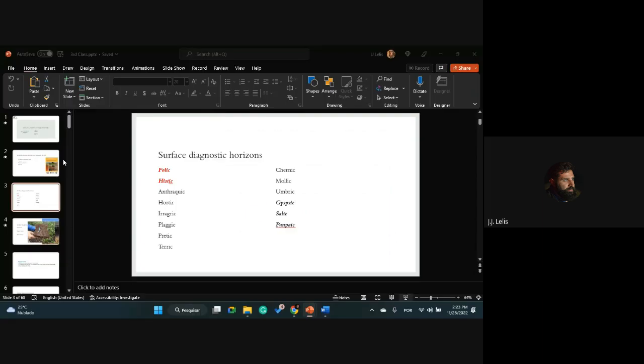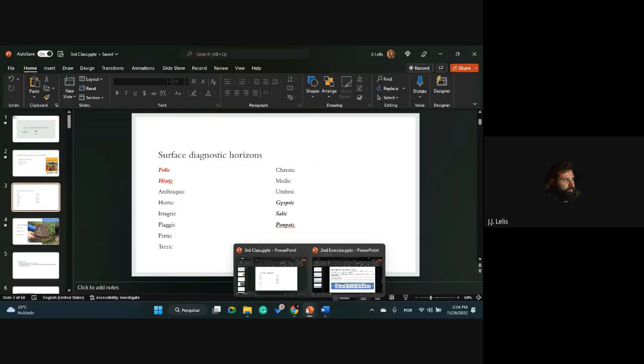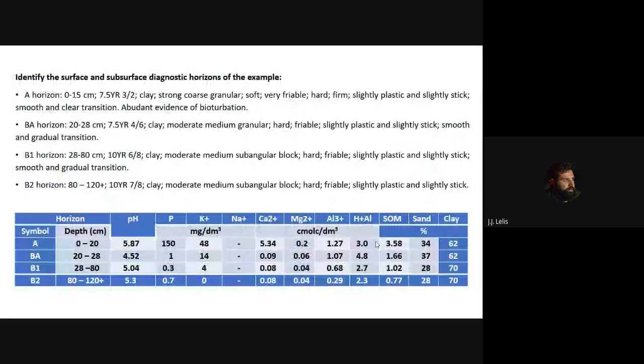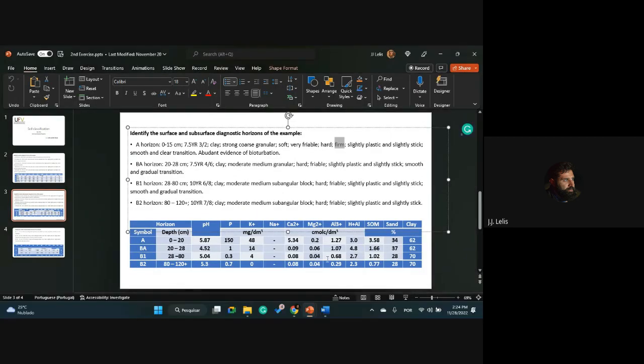And in this example, we have only 3.5%. Here in this case, it's soil organic matter, and we need to calculate the content of soil organic carbon. How can we calculate the content of soil organic carbon?